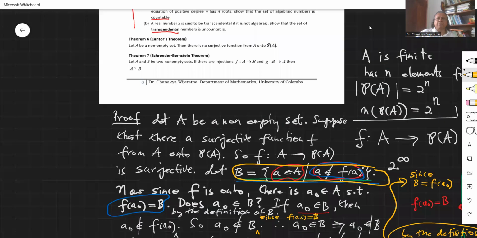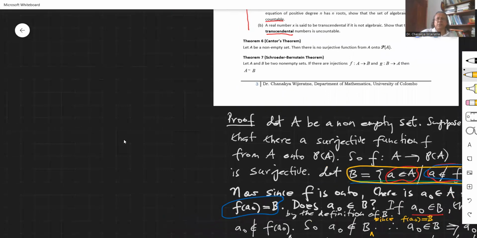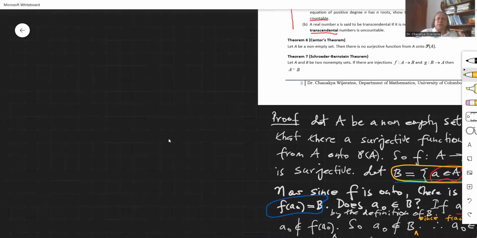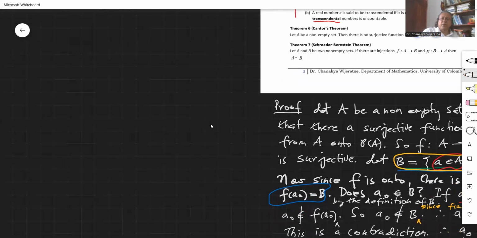Now the proof of the Schröder-Bernstein theorem. Before I start this proof, I want you to think about the theorem.